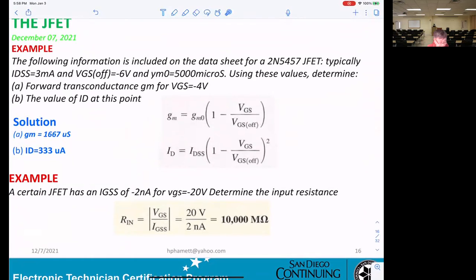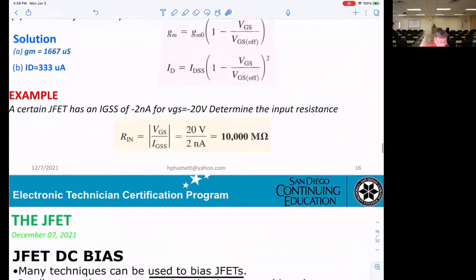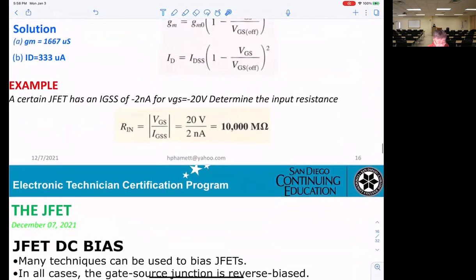Okay, just an example. I will not go through it again. And also an example of how to calculate the value for the input impedance of a JFET. That will be equal to the ratio between the absolute value of VGS to the IGSS.